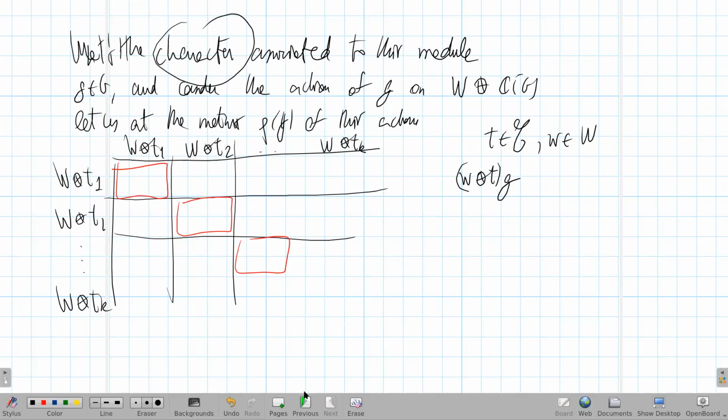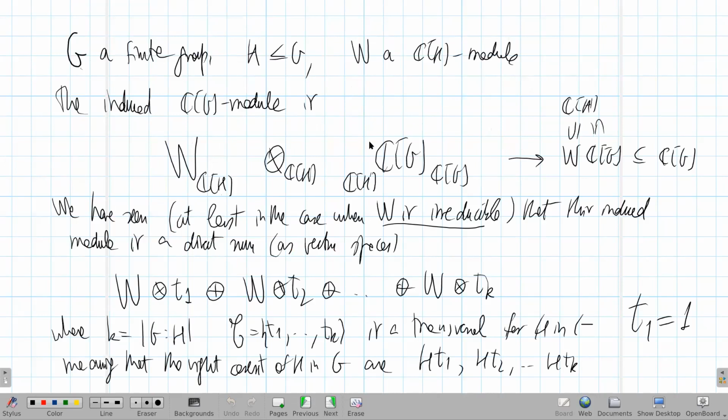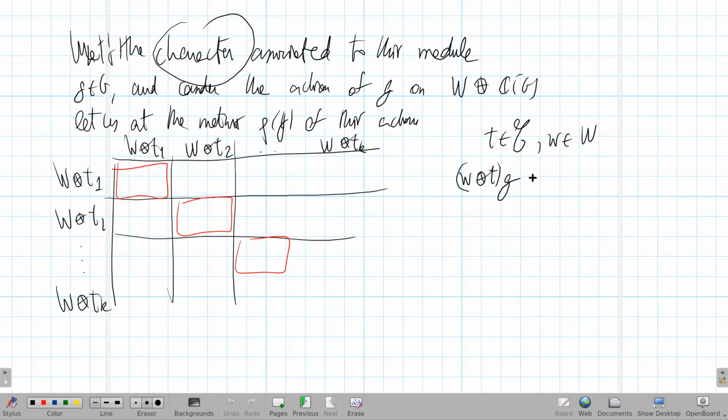Well, the idea of this bimodule stuff is that this is a CG module. How? Well, it's the action by multiplication on the right here. So this will be simply, well, let's revert to black.